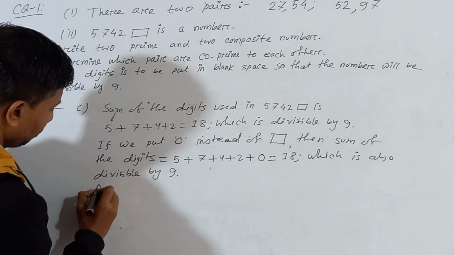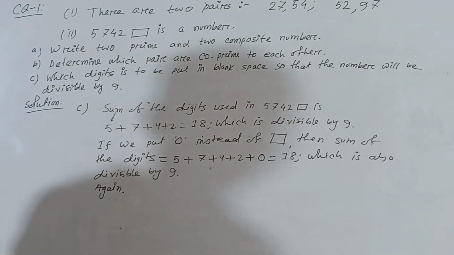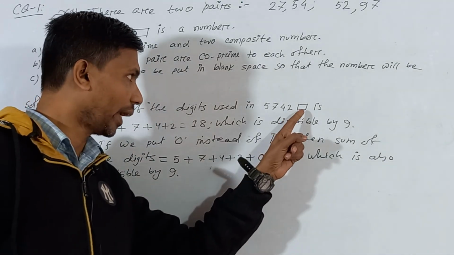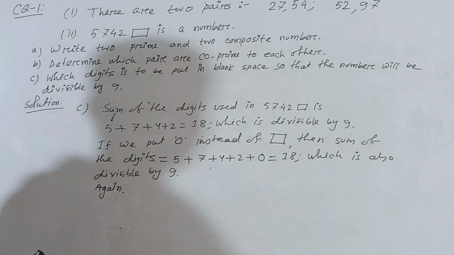Again, look here, if we place 9 instead of the blank space, then it is also divisible by 9.